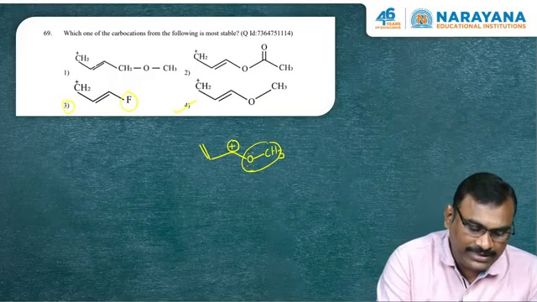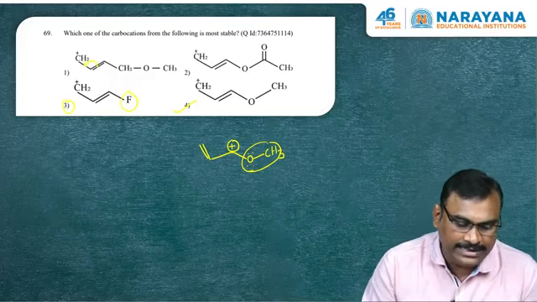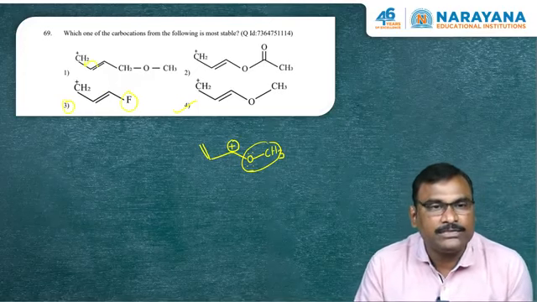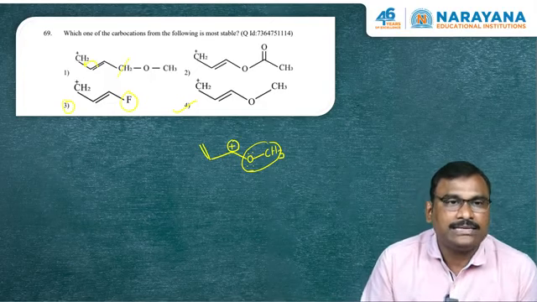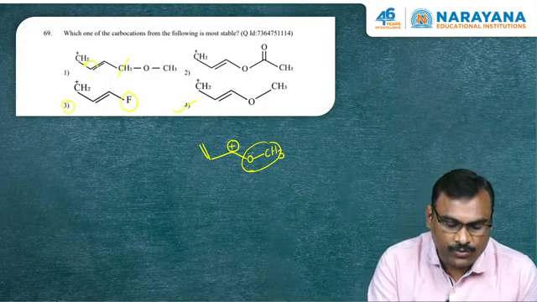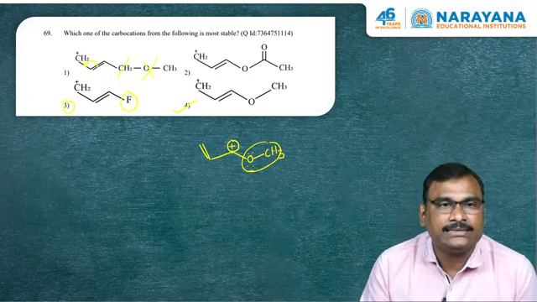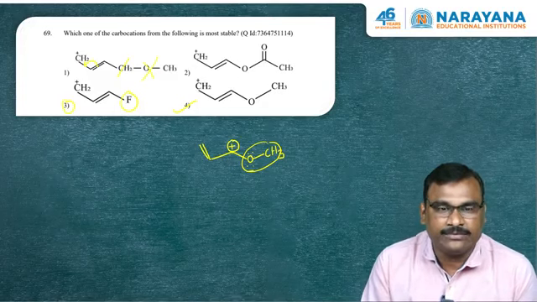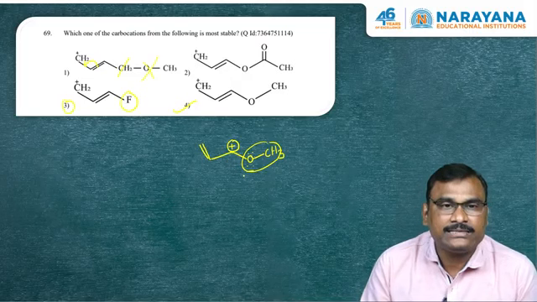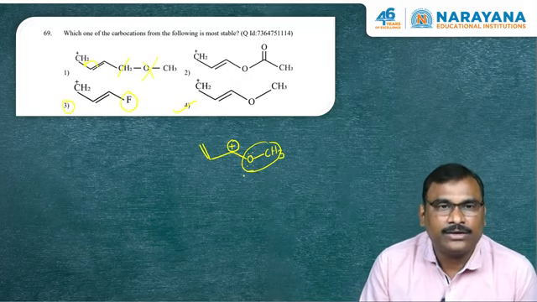Here in first option, after rearrangement, the carbocation is stabilized by only hyperconjugation as well as only resonance, but not by OCH3. That OCH3 causes here minus I effect. So, in the fourth option, after rearrangement, the carbocation is stabilized by OCH3 plus M effect. Therefore, the better option is 4.